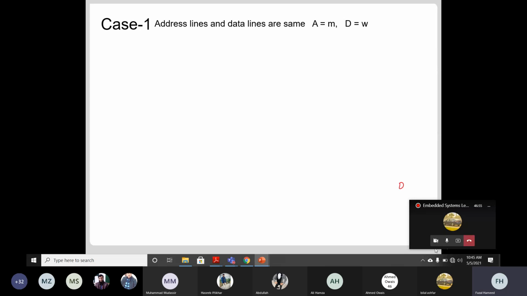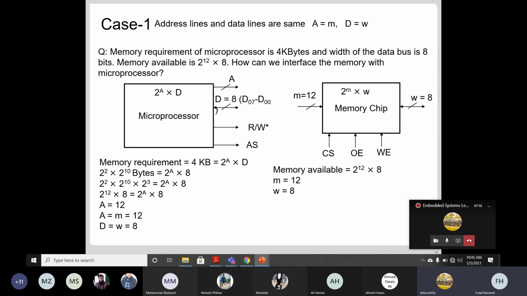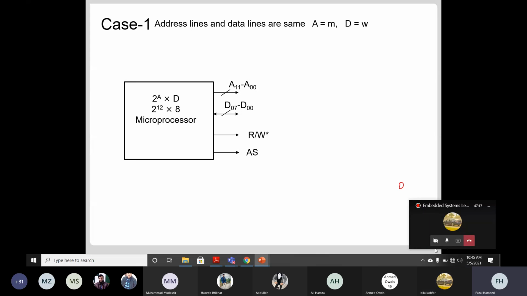So now this is an example. So if we see from the microprocessor view, this is the microprocessor view. What is A? सर, एड्रेस लाइंस होती हैं. What is A in this example? 12 sir. A is 12. What is D in this example? 8.